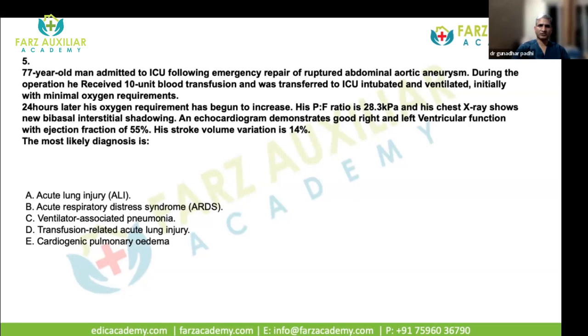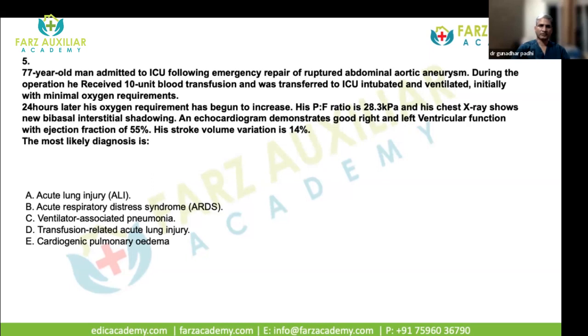For 24 hours his oxygen requirement was good. After 24 hours, his oxygen requirement started deteriorating, and his X-ray shows some bibasal interstitial thickening. The second part is the echocardiogram, which shows that his EF is good and his stroke volume is good. That completely rules out the cardiac part. That means the cardiac part, echo-wise, is good. So primarily you are dealing with a respiratory problem.